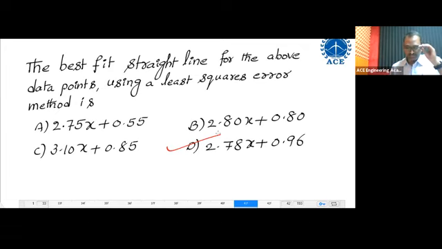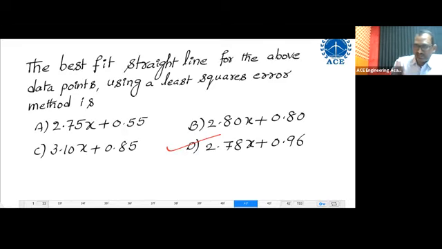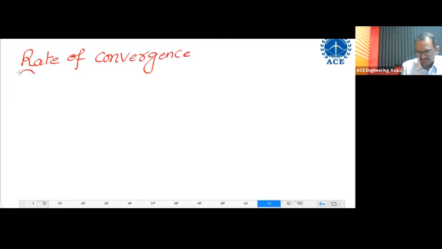Syllabus completed, but some of the models regarding bisection, regula falsi, secant, and Newton-Raphson method remain. I said order of convergence, rate of convergence, this small concept; this least squares method is completed. Regarding the first model, we have a concept that is the rate of convergence. This concept belongs to bisection, regula falsi, secant and Newton-Raphson methods.